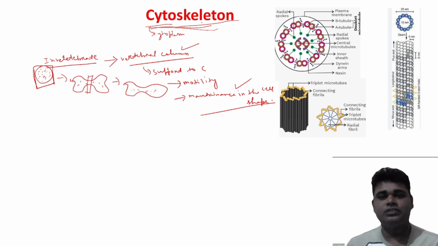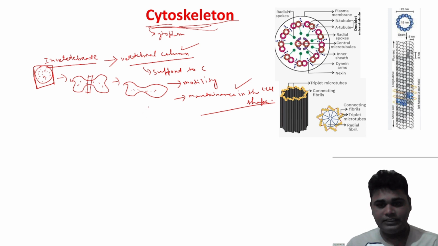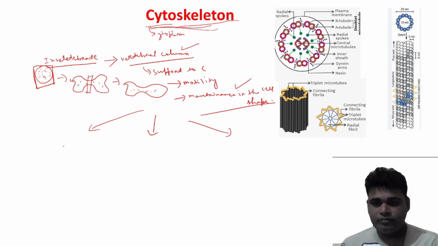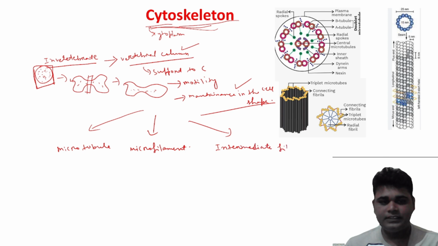That means the cell shape can be determined, or is possible, due to the presence of the cytoskeleton. So now, what are the different types of the cytoskeleton present inside our organism? There are three types of the cytoskeleton. One is called the microtubule. The second one is called the microfilament, and the third one is called the intermediate filament.